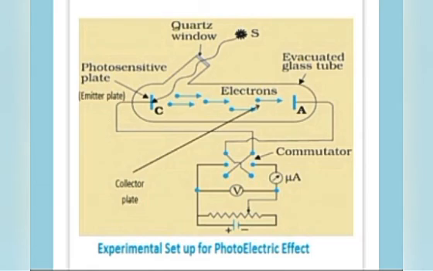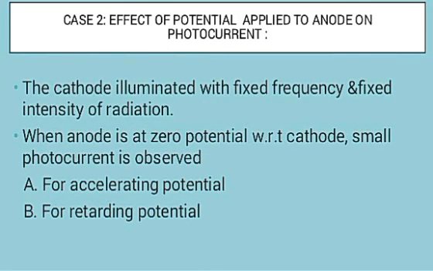And second one is retarding potential. Negative potential is called as retarding potential. Here the polarity of anode and cathode can be reversed by using commutator key.